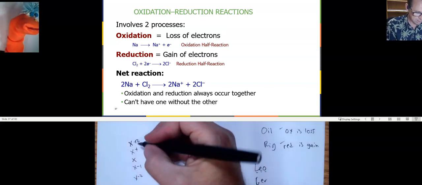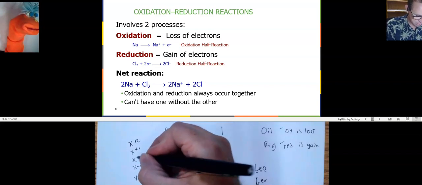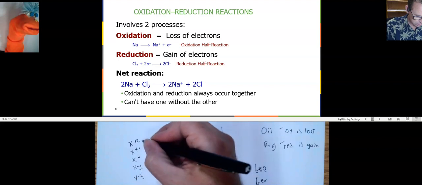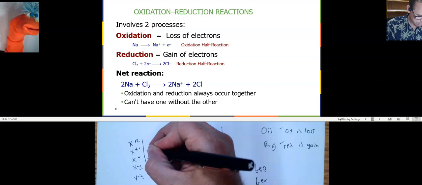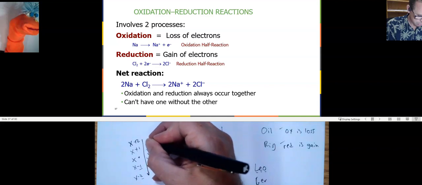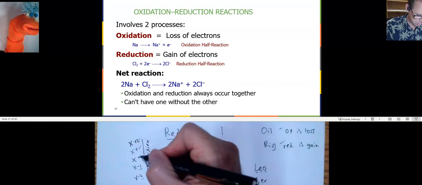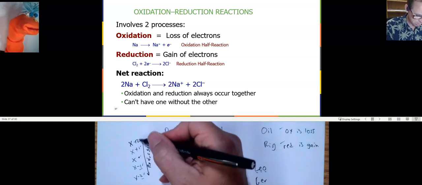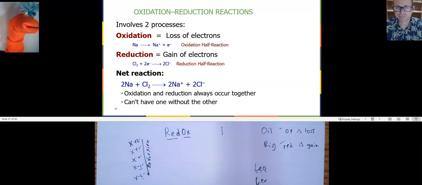Well, if you look at it like this, as I go from +2 to +1 to 0 to -1 to -2 down this direction, this is called reduction, because that number is being reduced as it's gaining electrons.